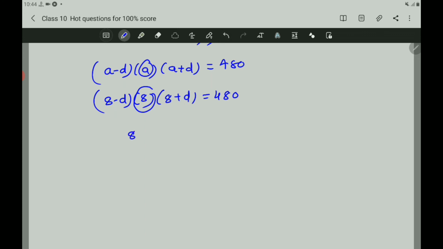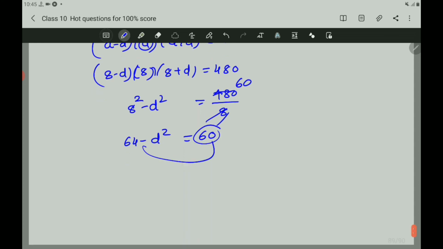Now you transfer the 8 to the RHS and write the product of these two. It becomes 8 square minus D square, because A minus B into A plus B. That equals 480 by 8. So 8 square is 64 minus D square equals 60, since 8 sixes are 48, 8 sixties are 480, you got 60.